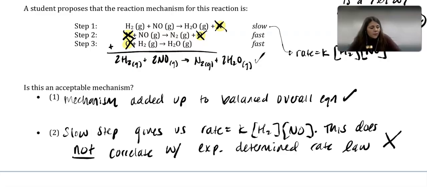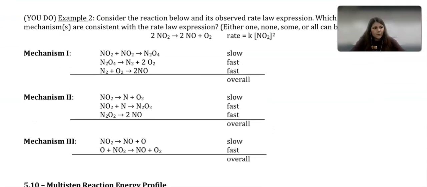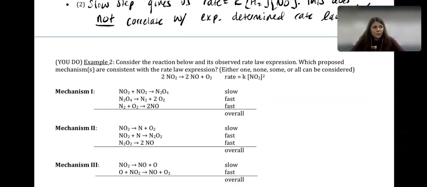So here, this would not be an acceptable mechanism because we had to make sure that the first and the second were satisfied. So here, this student didn't propose an accurate reaction mechanism, okay? All right, I have this example for you right here.